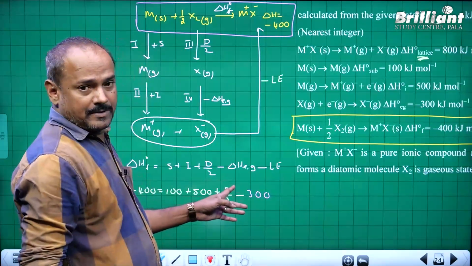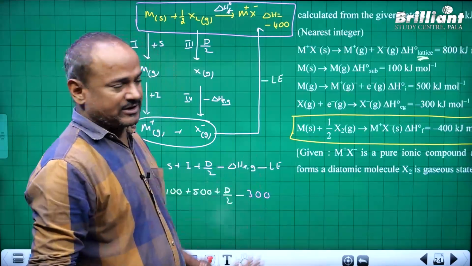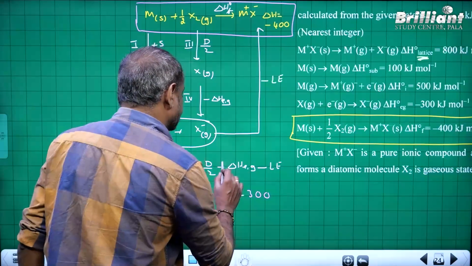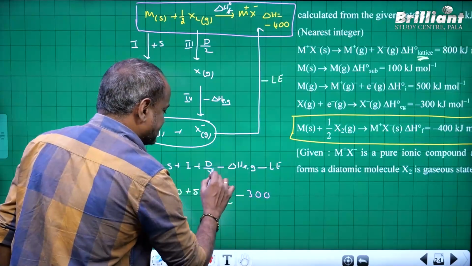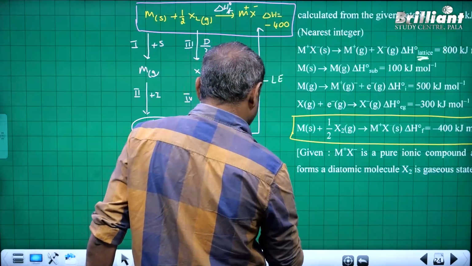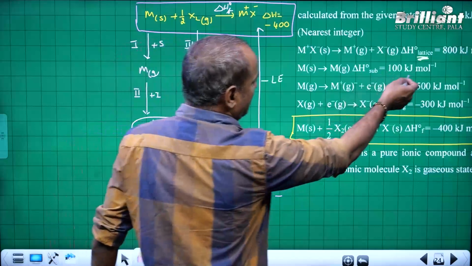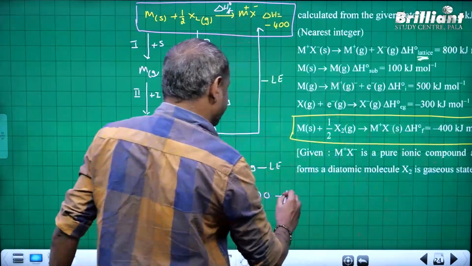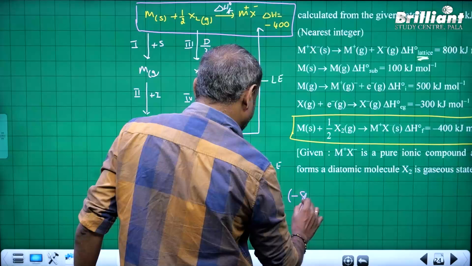This is plus or minus only. If I write like this, minus delta H is plus, minus lattice energy. It is now reversed, minus of minus 800.